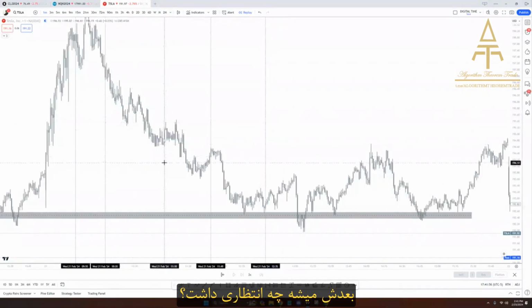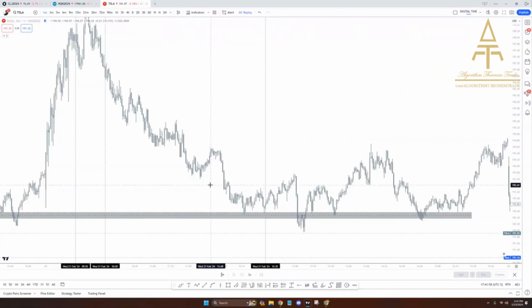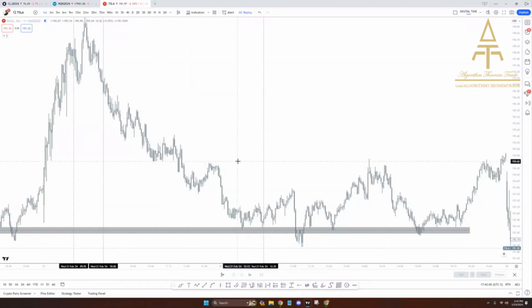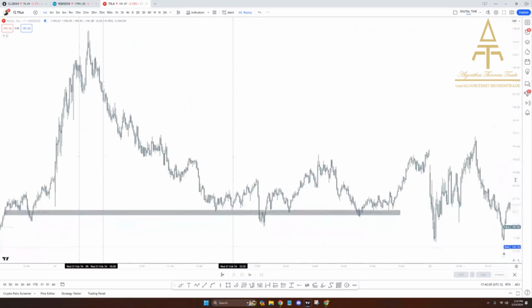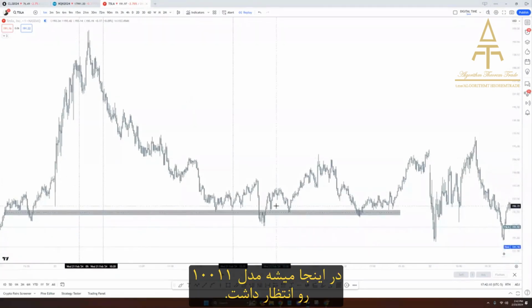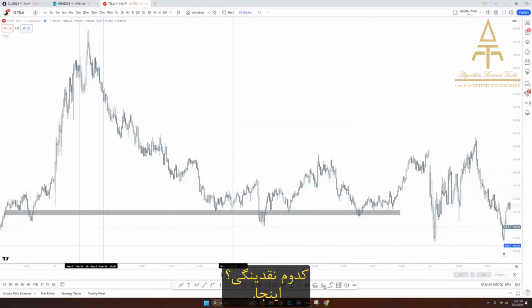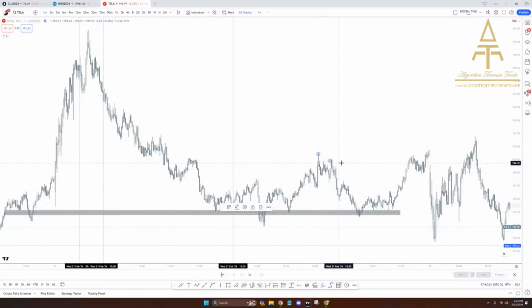Instead, what can you expect after? Because Model 110 was used for continuation of Judas, what can you expect in this scenario? You can expect Model 111 to occur, an end of day move to take out any low resistance liquidity. Where is the low resistance liquidity? Right there.